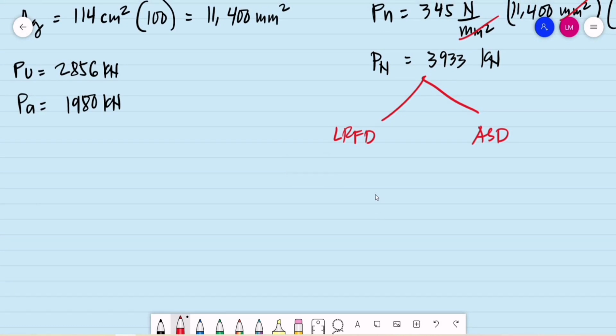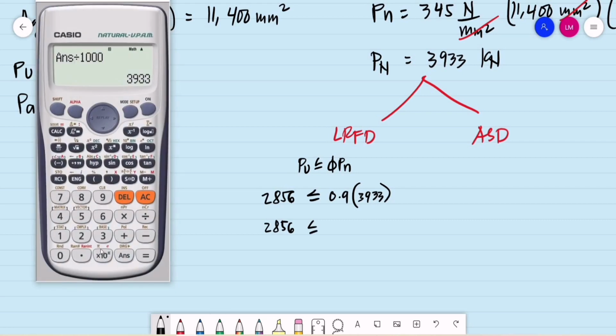So for a safe design under LRFD, the Pu should be less than or equal to the reduction factor multiplied by the Pn. So what is our actual ultimate load? That is 2,856 kilonewtons. Is it less than or equal to 0.9 of the capacity of this section, that is 3,933? So we have 2,856. Is it less than or equal to, okay, check.